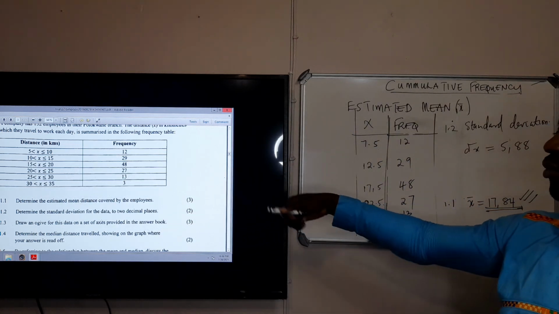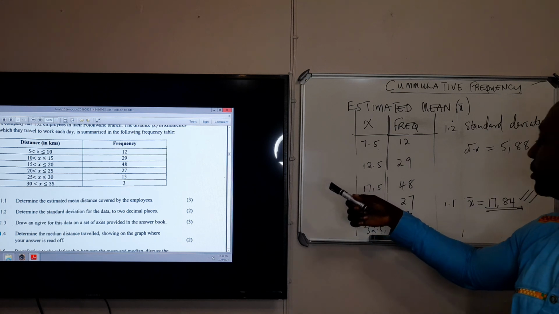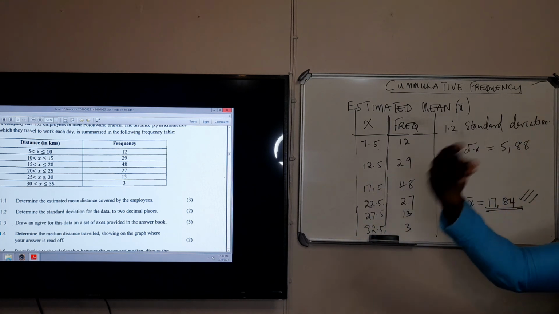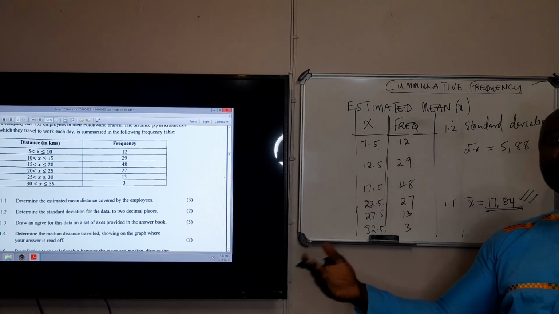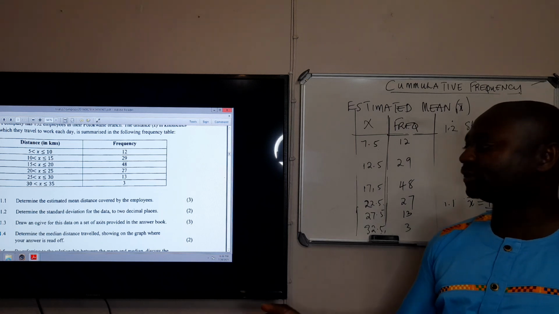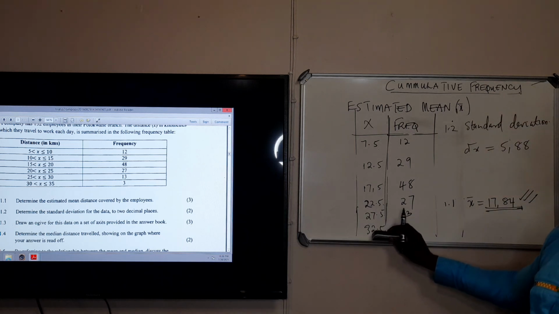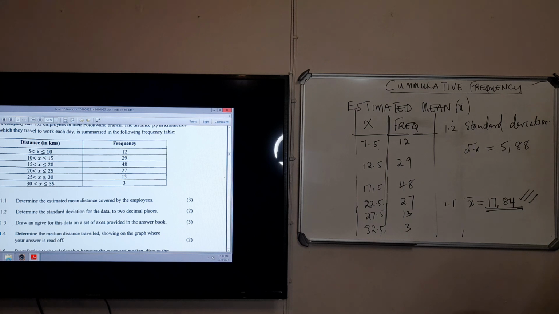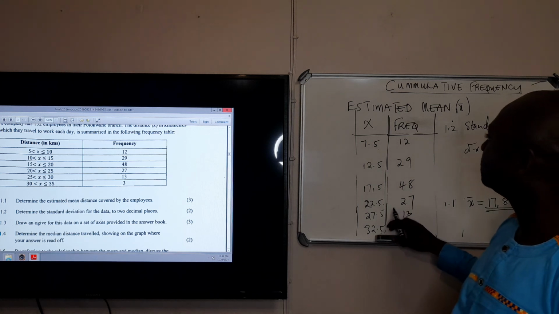So it's different from what we have been doing in the previous presentation. So take note of that. Now we are going to learn how to draw the ogive using that data that is available. So we can clean off our mean and our standard deviation, or let us keep it somewhere.